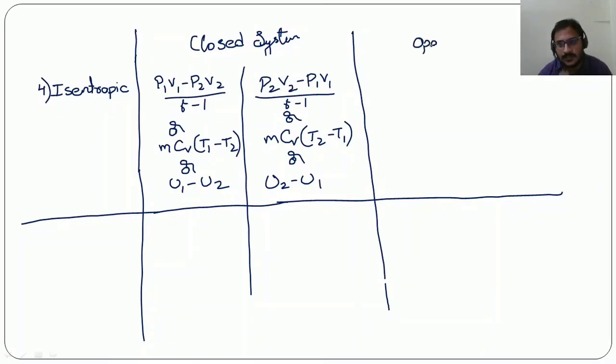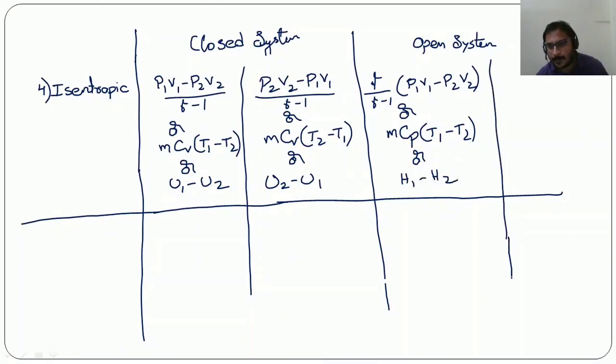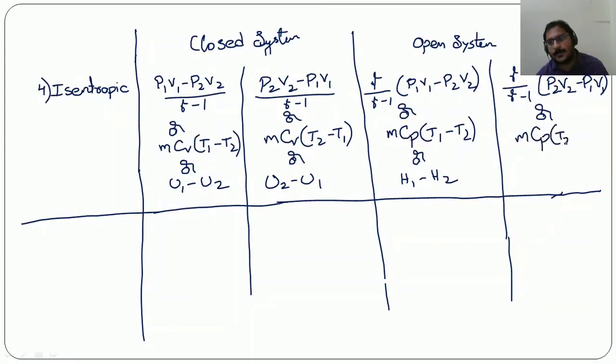So when you take open system, gamma by gamma minus 1 into (P1 V1 minus P2 V2) or mCp(T1 minus T2) or H1 minus H2 you will get. And this will be gamma by gamma minus 1 into (P2 V2 minus P1 V1) or mCp(T2 minus T1) or H2 minus H1.